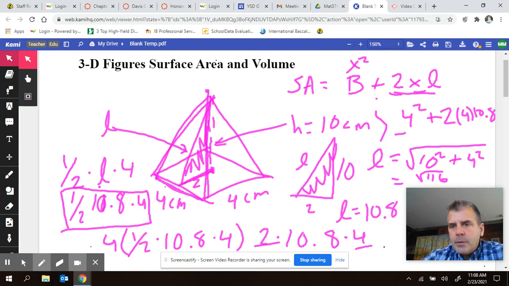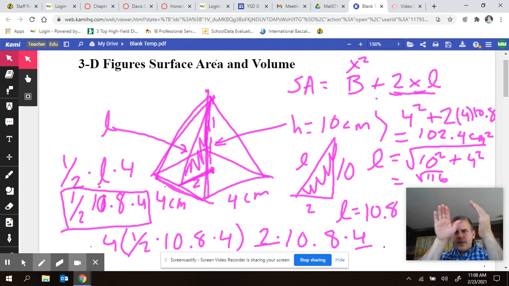You can type it into your calculator just like that. I get about 102.4, and this is centimeters, so that would be centimeters squared.